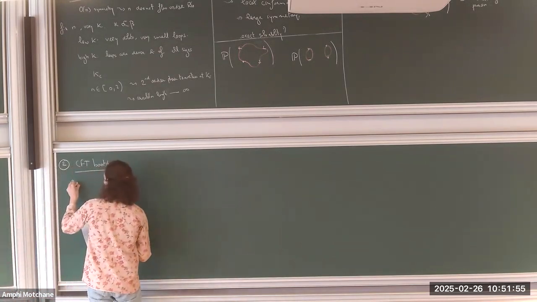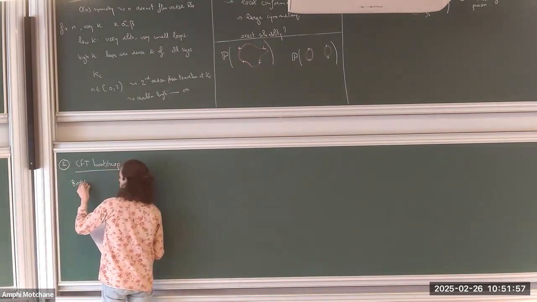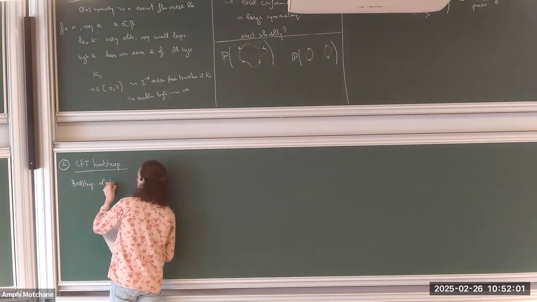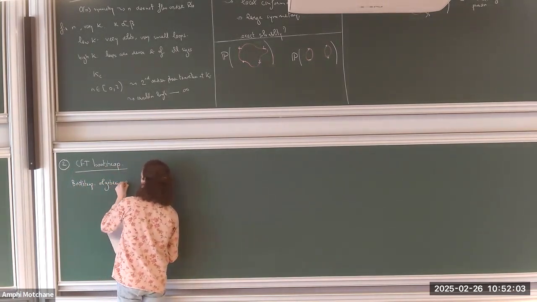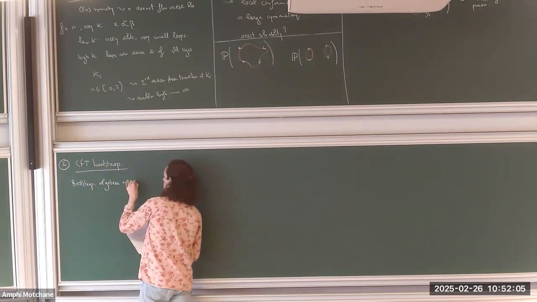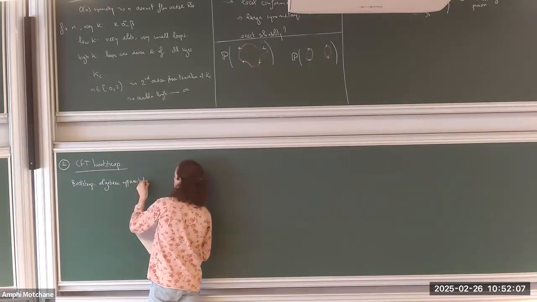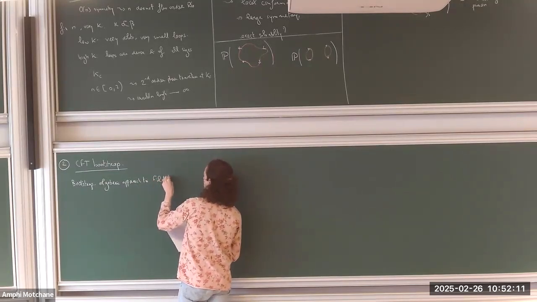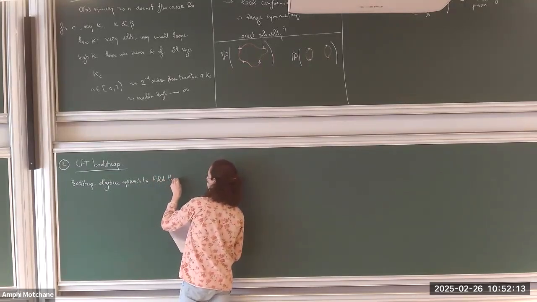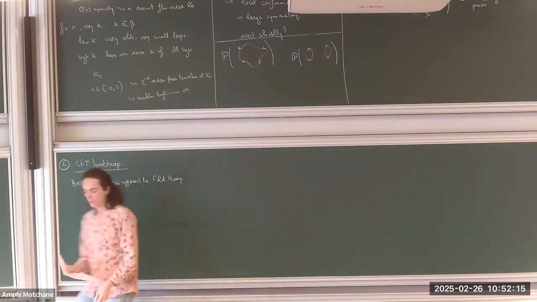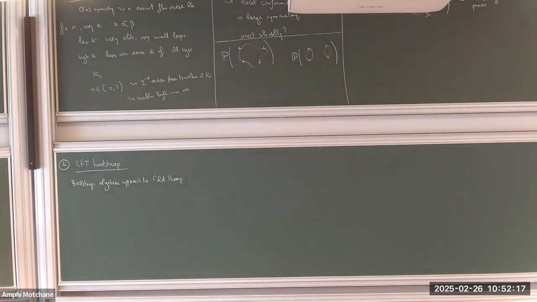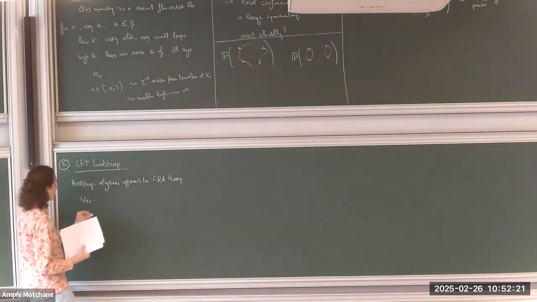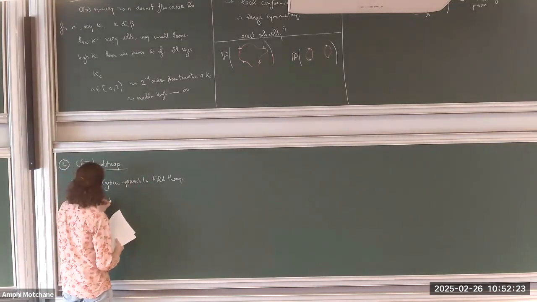So the bootstrap is an algebraic approach to field theory. Its main appeal, and the reason why it's been very popular lately, is that it's non-perturbative. There are not so many examples in field theory where you can do non-perturbative things.